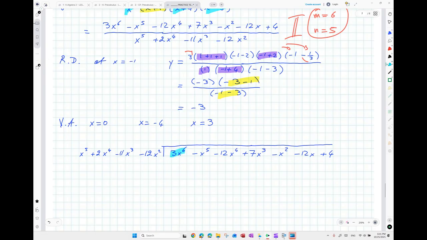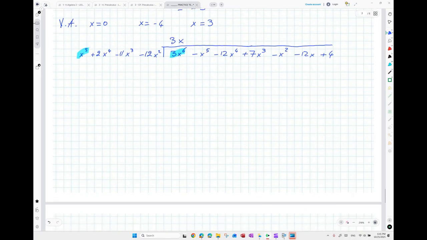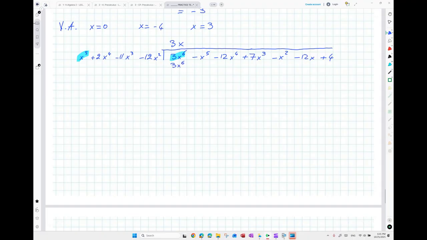I'm going to divide leading terms to find the first term of my quotient. 3x to the 6th divided by x to the 5th is 3x. I'm going to distribute back, and I will have 3x to the 6th plus 6x to the 5th minus 33x to the 4th minus 36x to the 3rd.